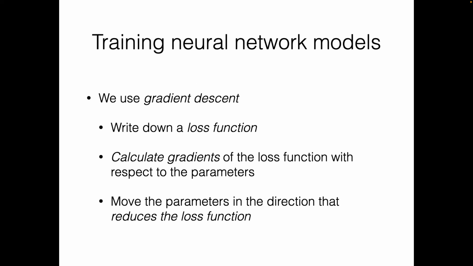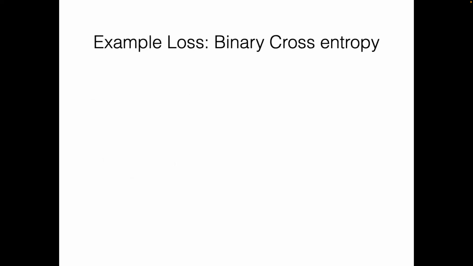We're going to write down a loss function. Then we're going to calculate gradients, or derivatives of the loss function with respect to the model's parameters. Then we're going to move the parameters in the direction that reduces the loss function the most. Okay, so that's the high level idea. Again, the goal is to reduce this loss function, and you do it by calculating these gradients and then adding them to the parameters.